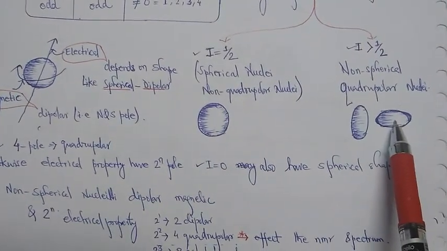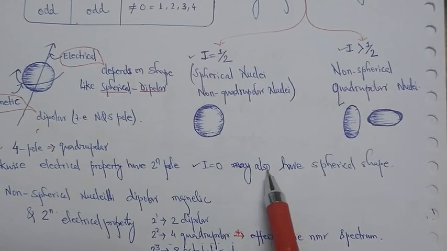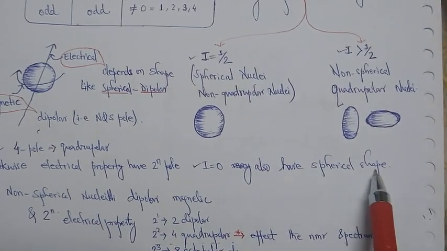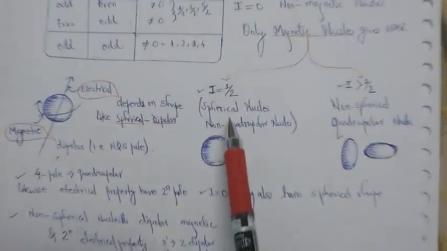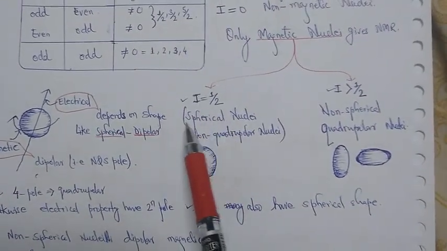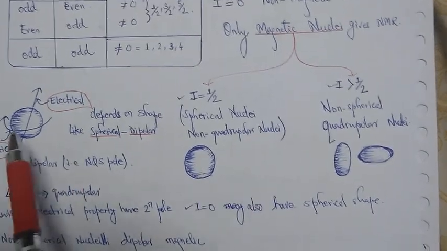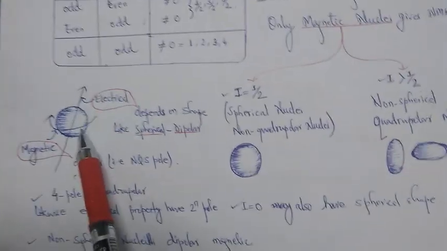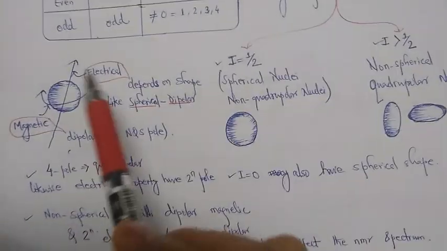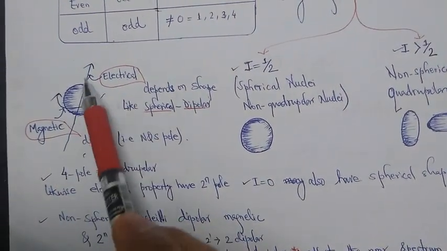Now, when I equals 0, they will also have a spherical shape. Now, taking into consideration, we have only I equals 1/2, which is the spherical nucleus. The spherical nucleus looks like this, where they have the properties. One is electrical, another is magnetic. Both of them are perpendicular to each other.